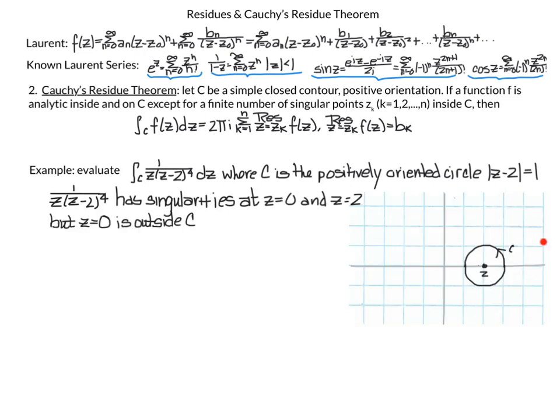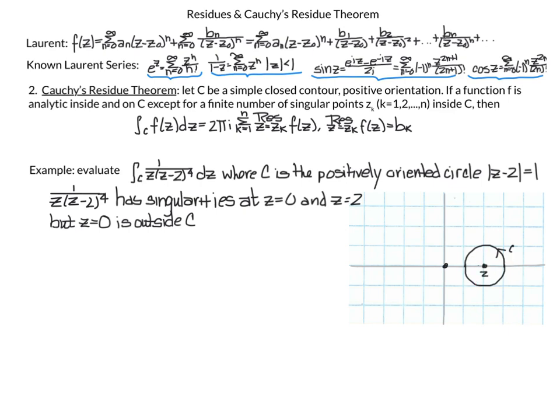I drew my curve C here, so it's centered at 2 with radius 1, and then I also identified my singularities, so we have zeros at z equals 0 and z equals 2. Let me draw my singularities in here. I have my z equals 2, and I have z equals 0 out here as a singularity. But you'll notice it's outside my circle.